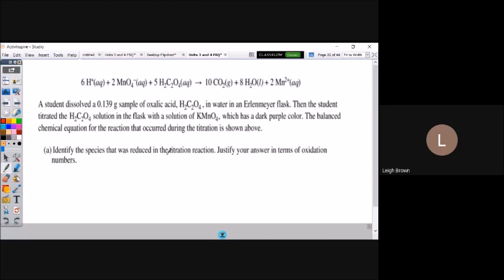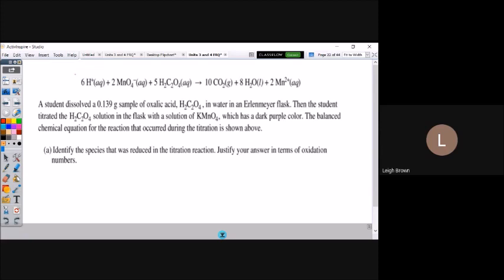Okay, so all we're looking for here is reduction. Remember, we want to see oxidation number that goes down in value, because it's gaining negatives. So the way I do this is I just start with the first substance and I see, okay, H plus is +1, the chart tells me its oxidation number.